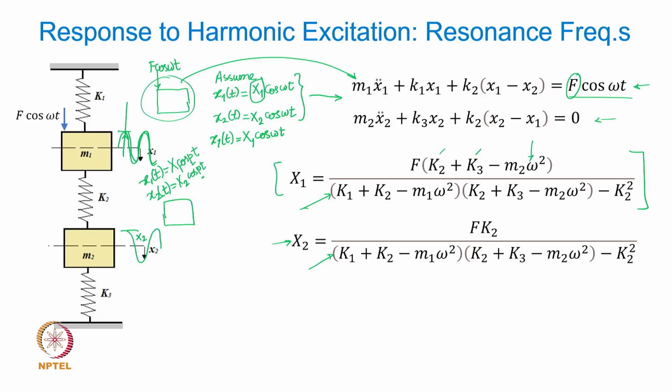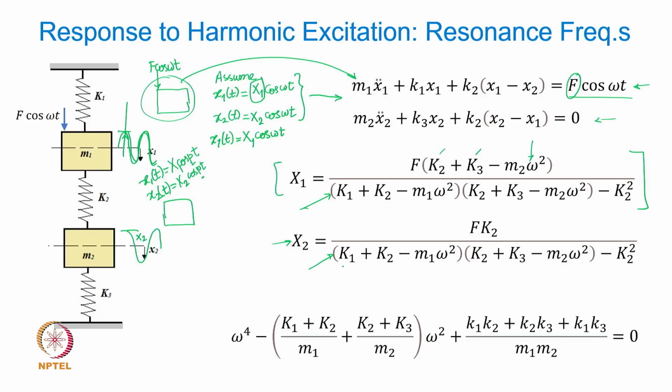These are identical, and in fact if you solve this denominator equal to 0, you actually get the frequency expression, and you may compare now this expression with what we solved for a simple 2 degree of freedom free vibration case.